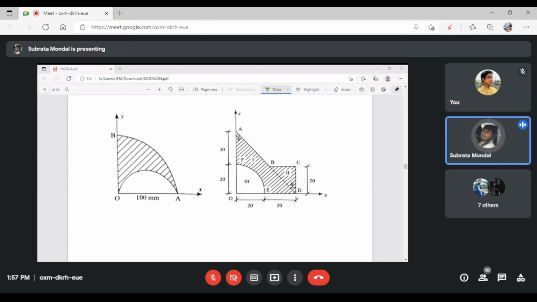Any one of you please respond. কেউ বলো, please respond. No one can answer this question.